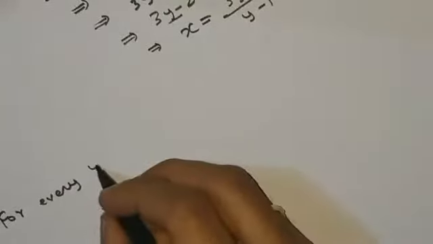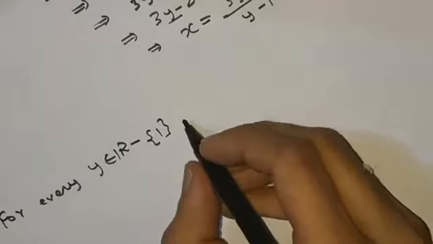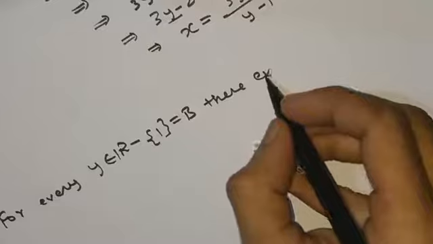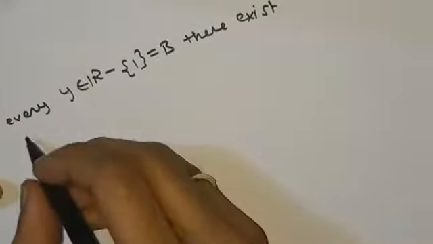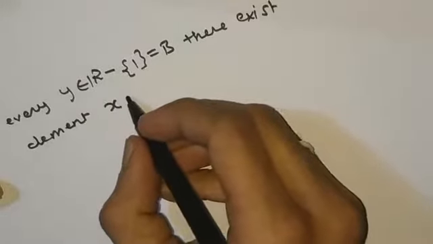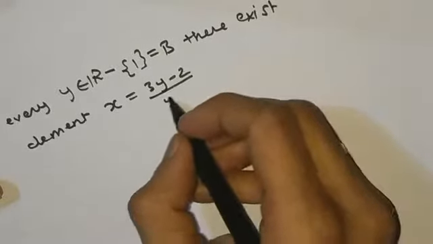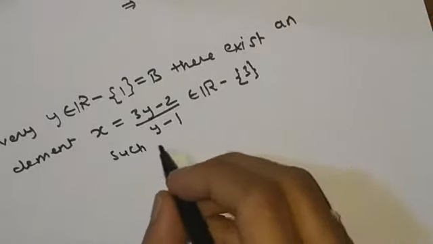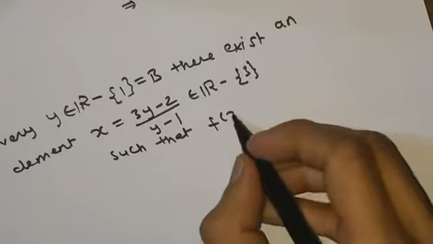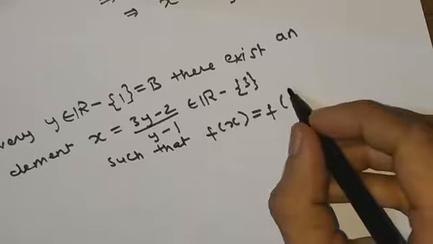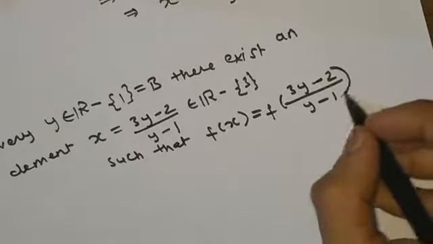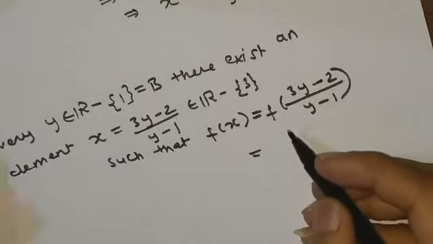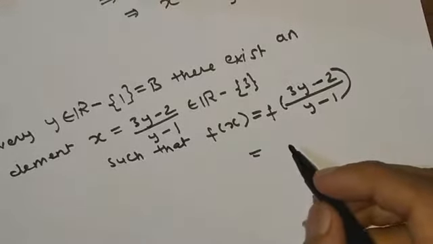So what you get is, for every y belonging to R minus singleton 1, that is B, there exists an element x which is equal to (3y minus 2) divided by (y minus 1), which belongs to R minus singleton 3, such that f(x), which is equal to f of (3y minus 2) divided by (y minus 1), is equal to, now the definition of the function is f(x) is equal to (x minus 2) divided by (x minus 3).